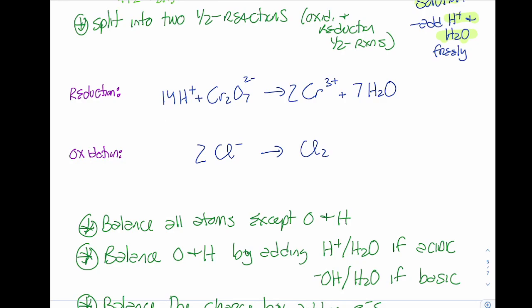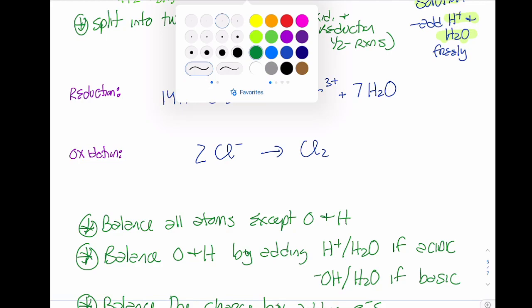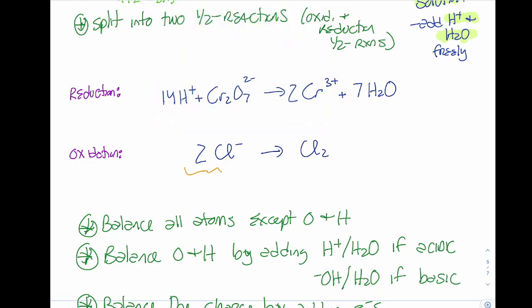If I look at this reactant side, right, each chlorine has a -1. I happen to have 2 of those. So my net charge over here right now is -2, right? That would be my net charge. If I look over here, I have no charge.